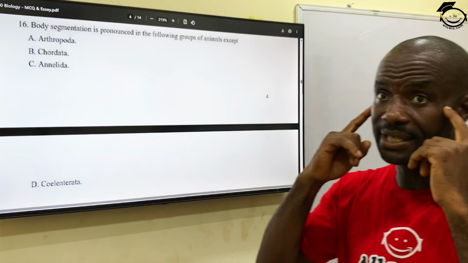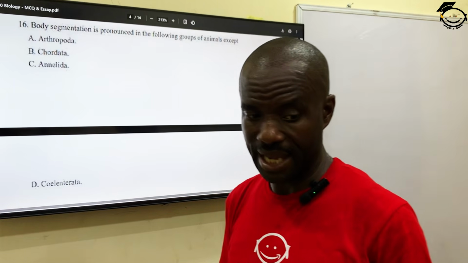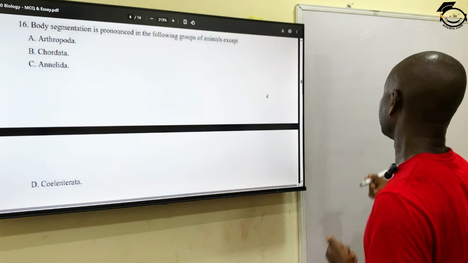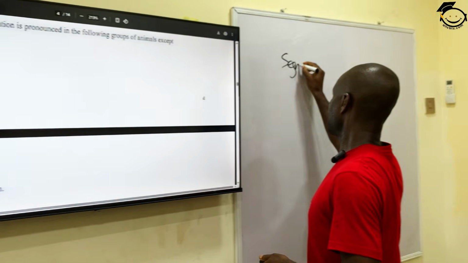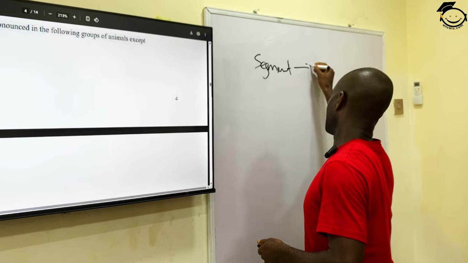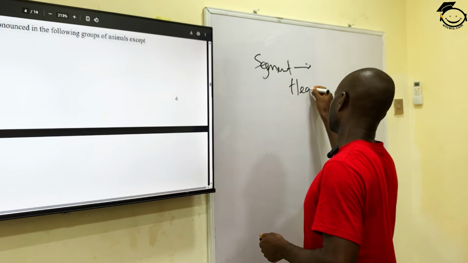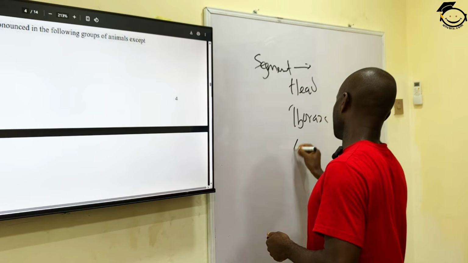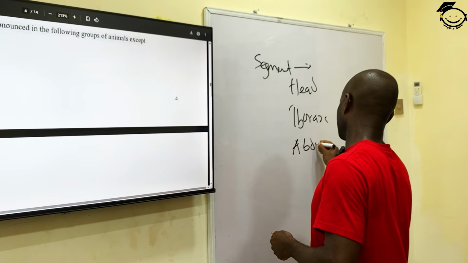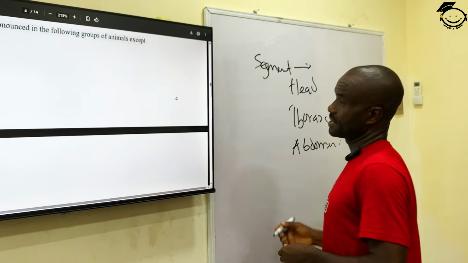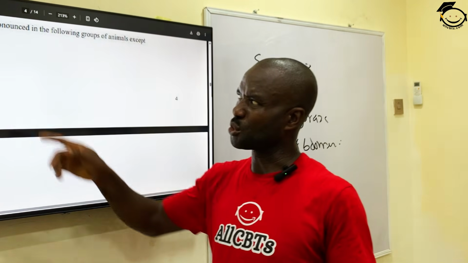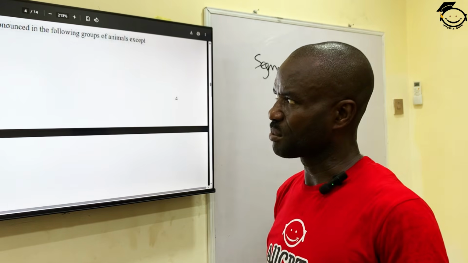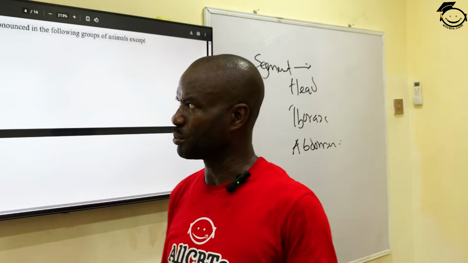We have the head, the thorax, and the abdomen, as in the case of insects. And they are called arthropoda. They are in the phylum called arthropoda.